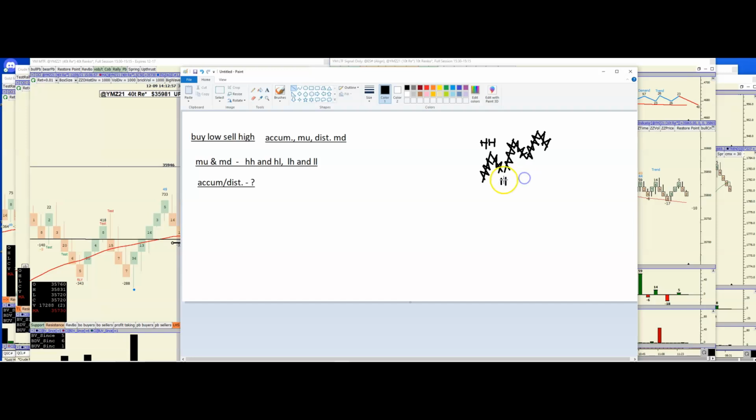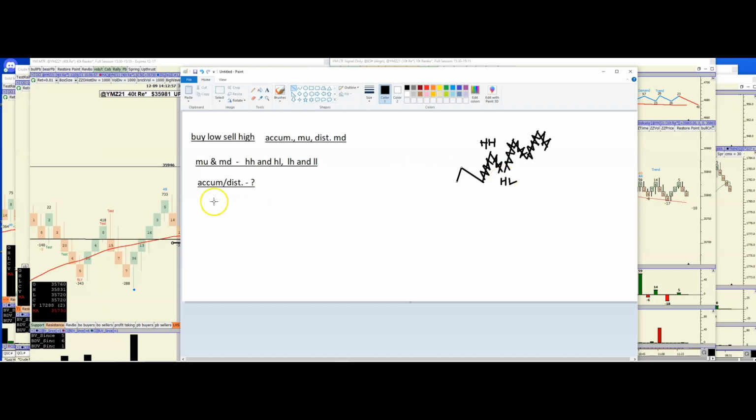And saying the chief characteristic of trend is higher high and higher low, right? Always hear that. And downtrend is vice versa, lower highs, lower lows.